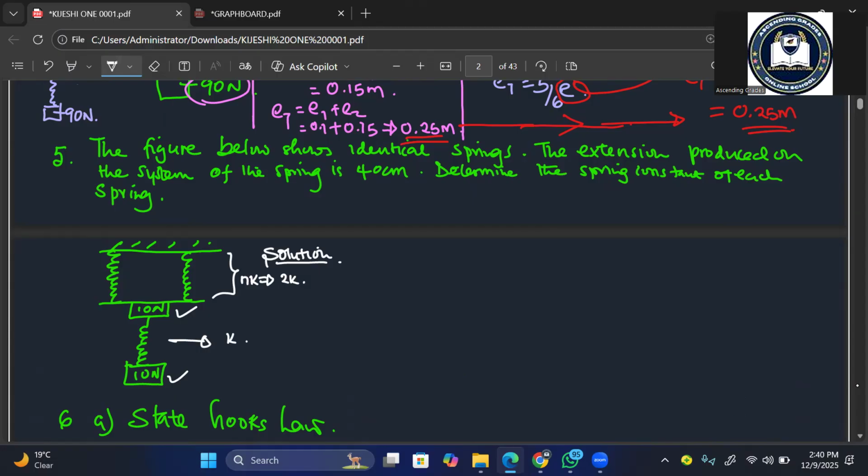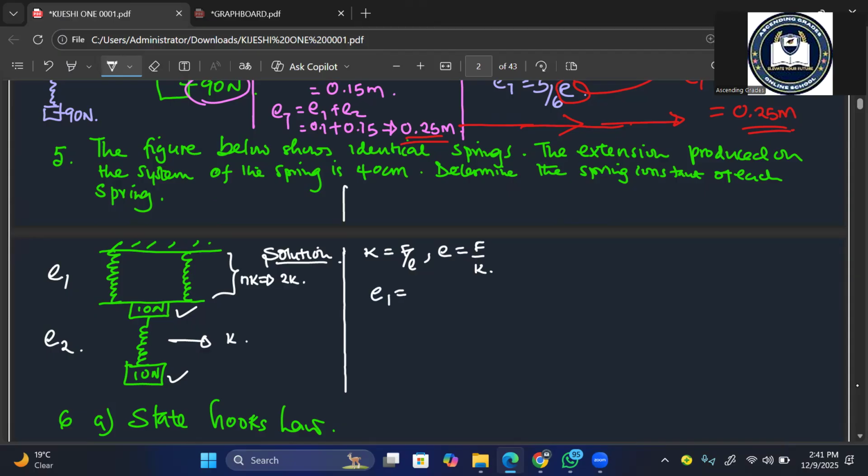So the whole formula where we say K is equal to F over E, then E will be given by F over K. So now we say the upper part will produce extension of E1 and the lower part will produce extension of E2. So we can find E1.